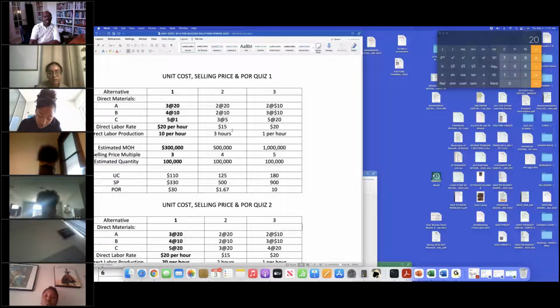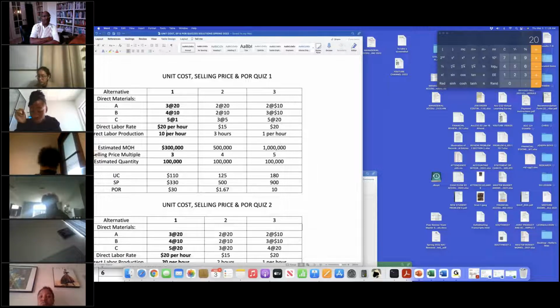So whenever these hours are greater than 1, you're going to multiply. In this case, where you can make more than 1 in an hour, you divide. Well, I thought the same thing, but I think it's because it doesn't say per hour, and so I thought it was going to be $15 for the 3 hours, and not $15 per hour for 3 hours.